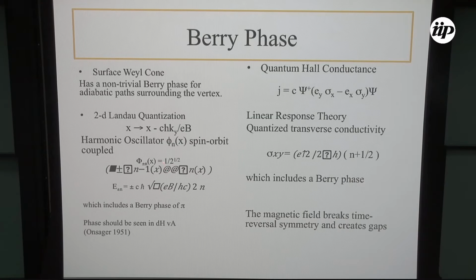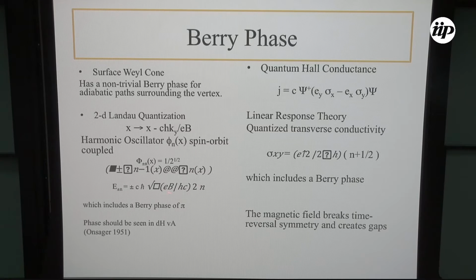And what you don't see here is that the solutions are essentially harmonic. There's shifted harmonic oscillators, with eigenstate phi n-1 for the spin-up component of the wave function and phi n for the spin-down.